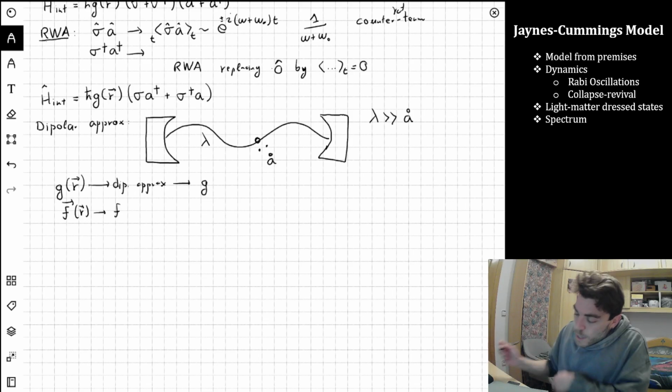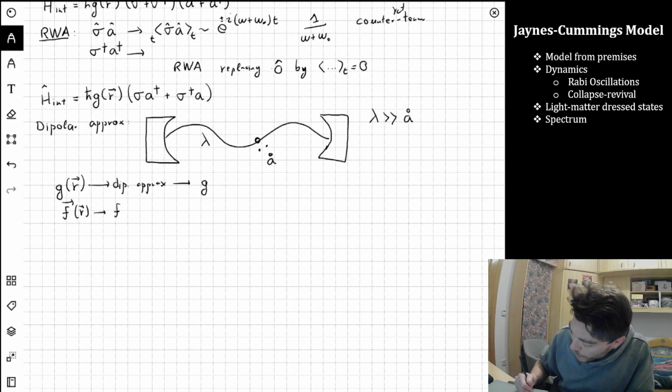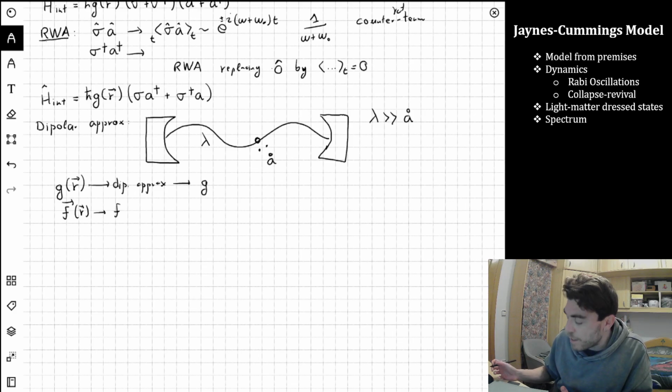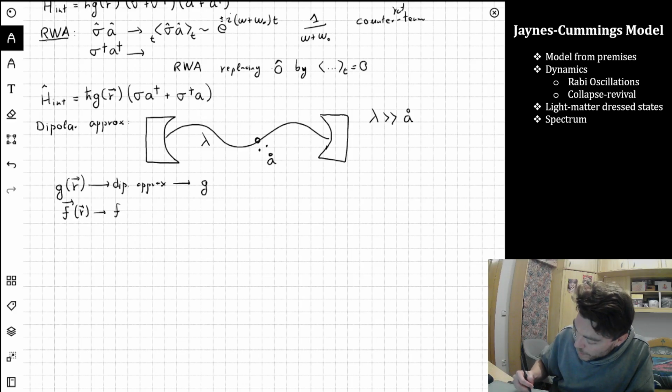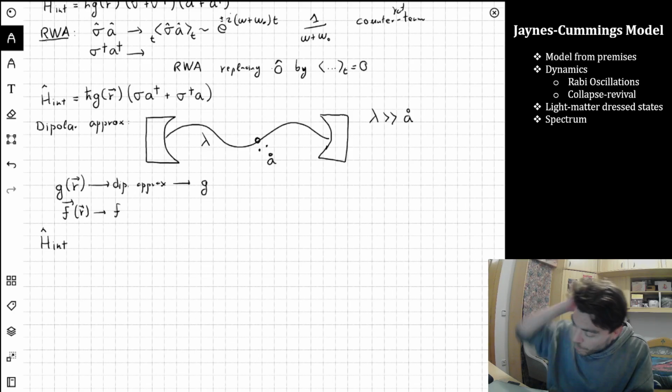So under these two approximations, the rotating wave approximation and the dipolar approximation, which are common approximations in the majority of cases, but not in all cases. We will see in this series cases in which this is not true, in particular for the rotating wave approximation, and we will have to work our way out of the Jaynes-Cummings model.